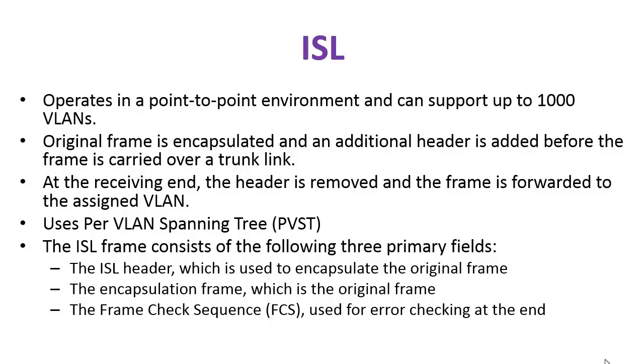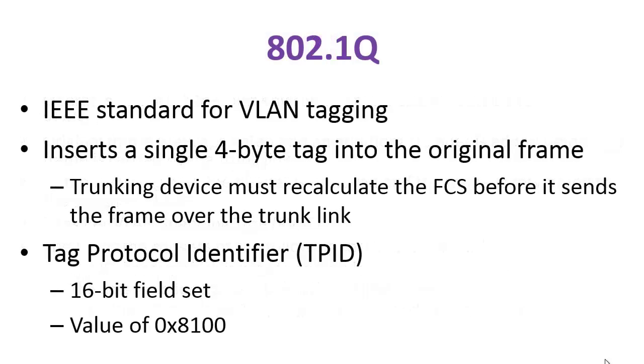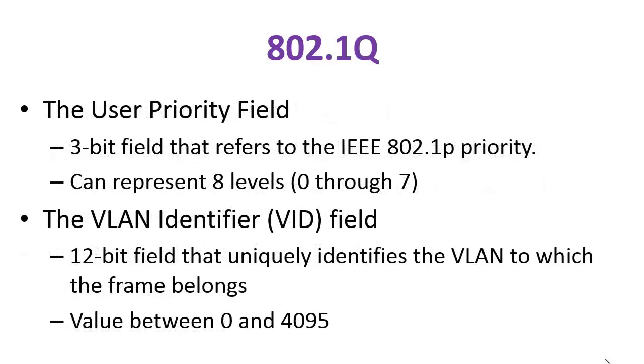Now, 802.1q, as I said earlier, is much more popular, mainly because it's an open standard. It inserts a single 4-byte tag into the original frame, and then the trunking device recalculates the frame check sequence before it sends the frame over the trunk link. 802.1q also has a user priority field.